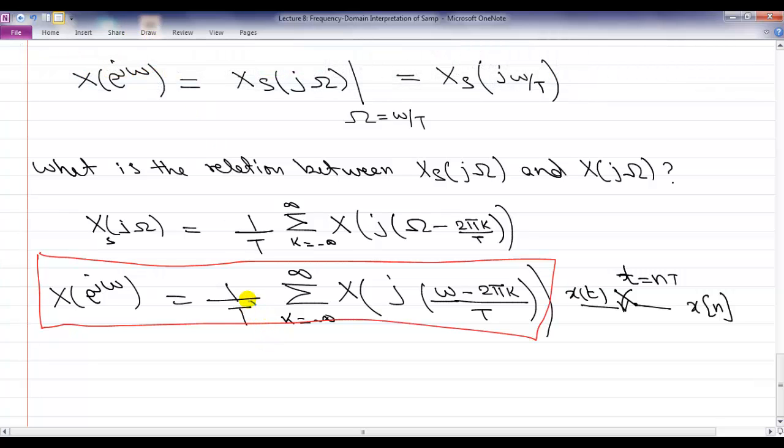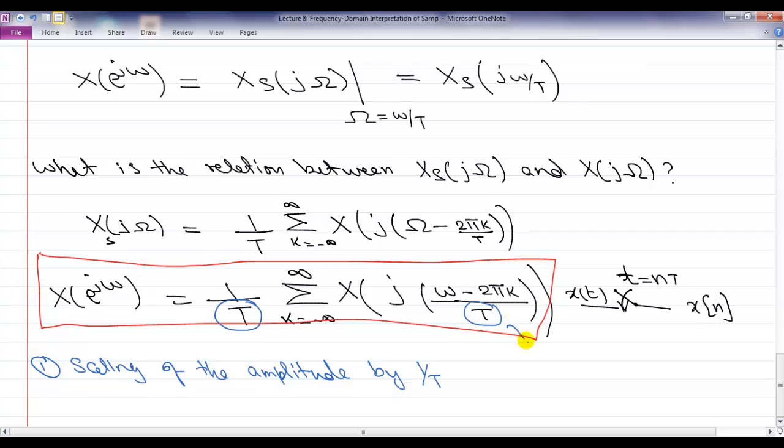We have first this factor of 1 over T. So the first thing that happens is that scaling of the amplitude by 1 over T. The other thing is that we get multiple copies of our continuous time signal's Fourier transform, where each copy is scaled.